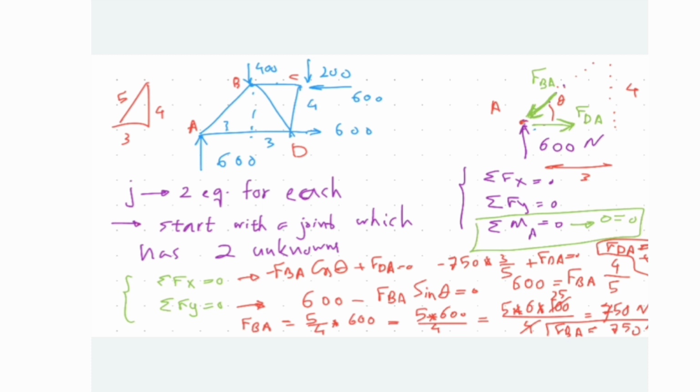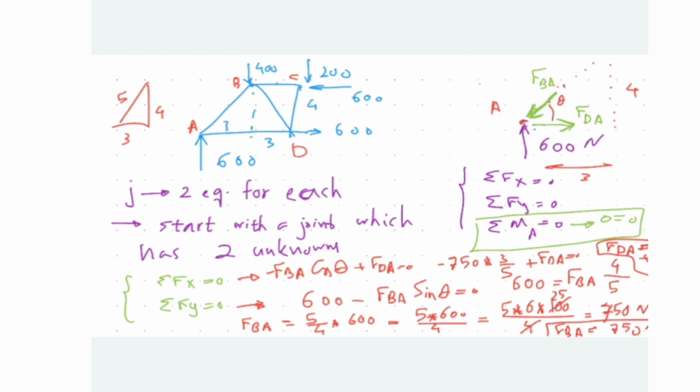Okay, right now we are done with this joint, and we have found the forces which are applied by these links. And the first question is: what are these forces? Is it a tension or is it a compression?